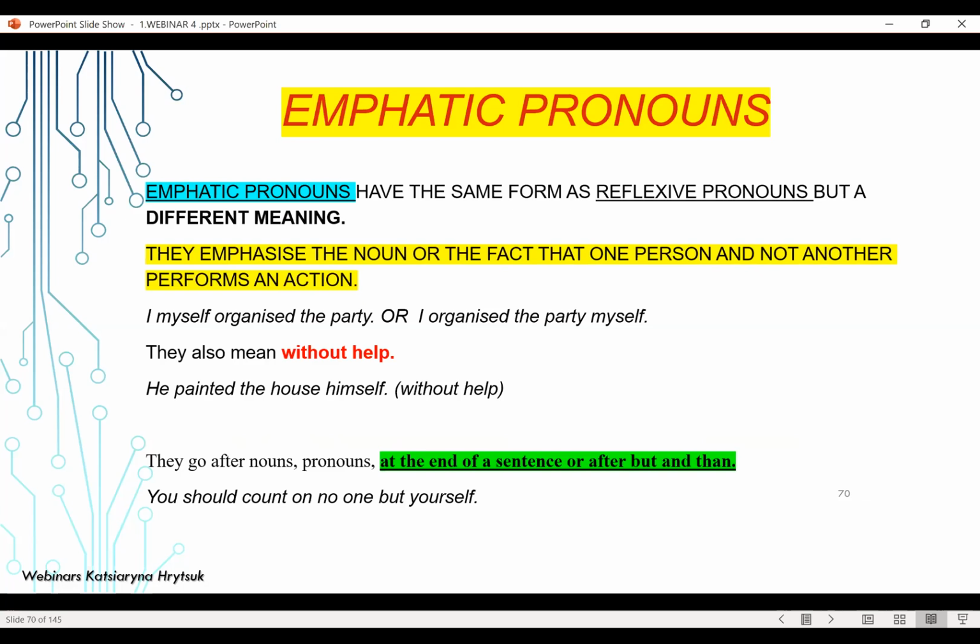So these are emphatic pronouns. Emphasis on the person who did it, and he did it without anyone's help. Okay, and they go either after the subject or after but and then.